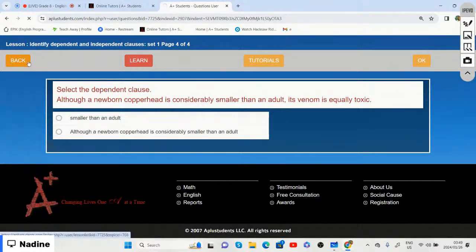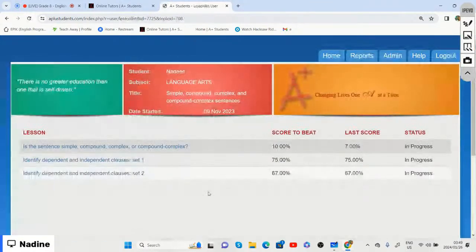All right, so that is now the end of our lesson on simple, compound, complex, and compound complex sentences. A simple sentence is basically made up of a subject as well as a predicate, and it is basically an independent clause that can stand on its own.